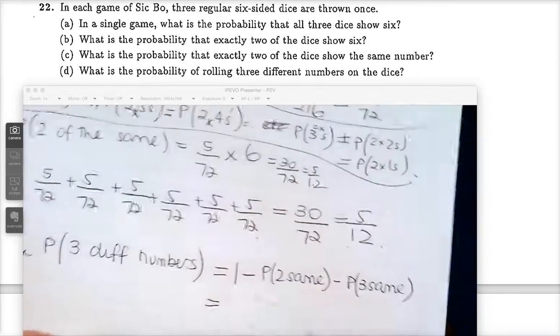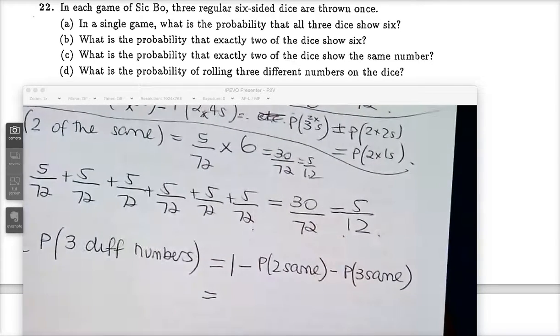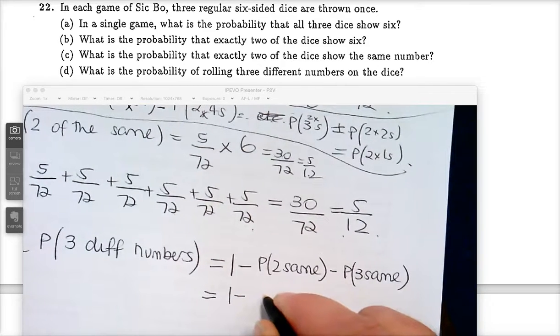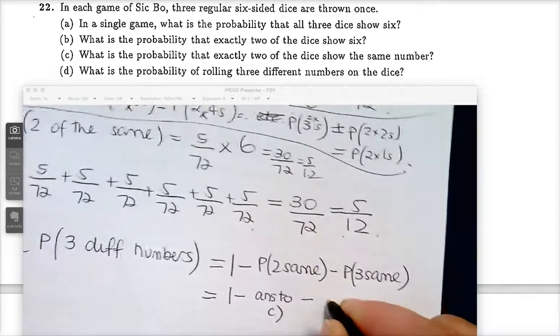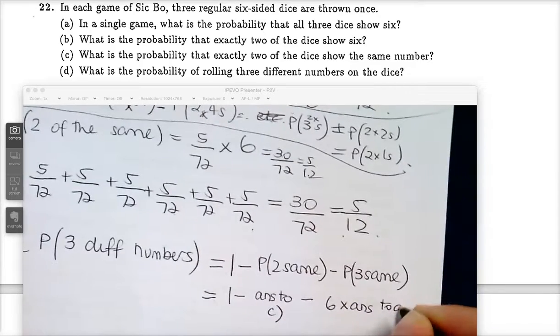Now, we've done probability of 2 the same already. Well, we've done all 6s the same. So then we just times that one by 6. So it's 1 minus the answer to part C minus 6 times the answer to part A.